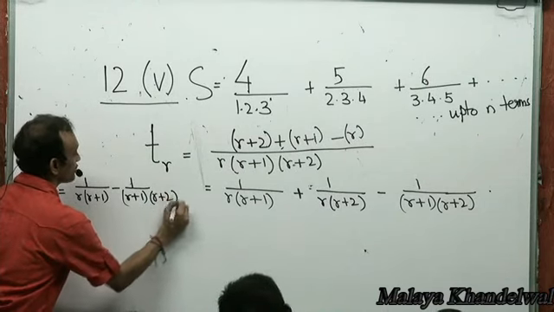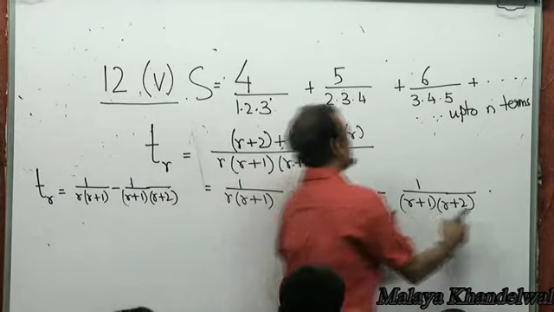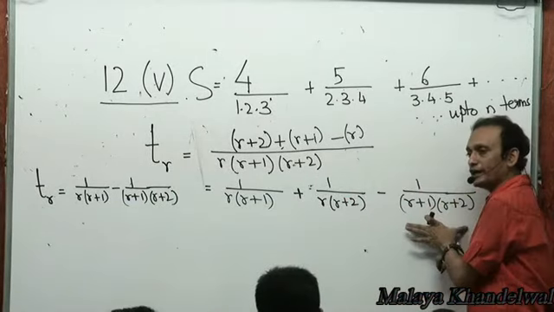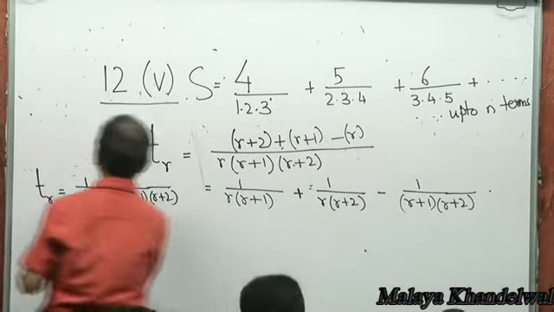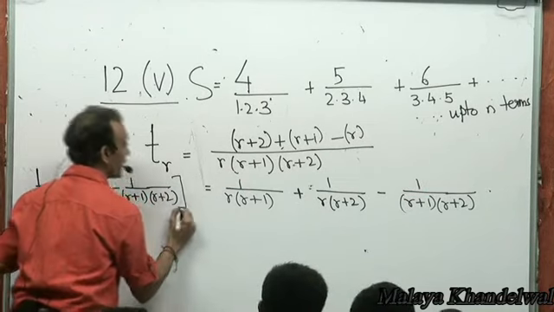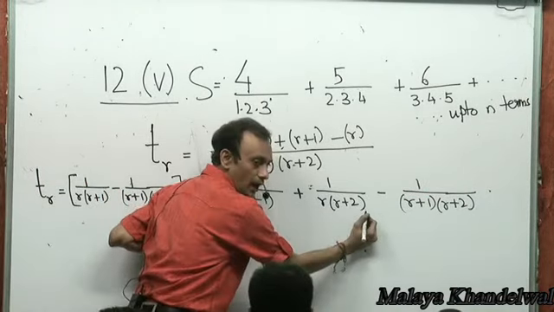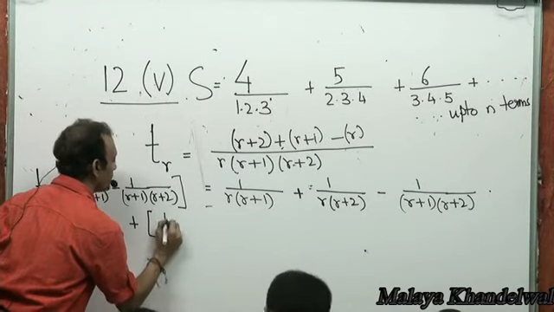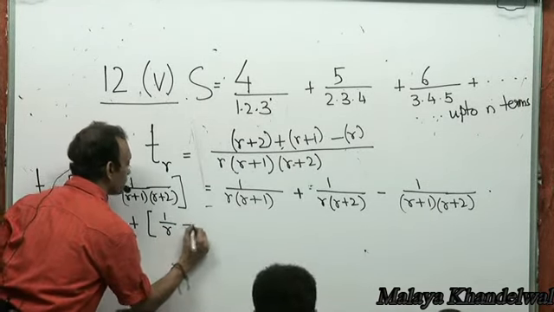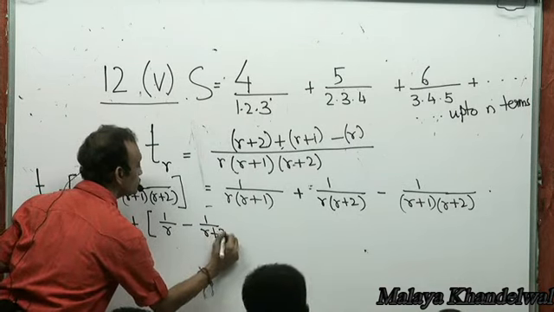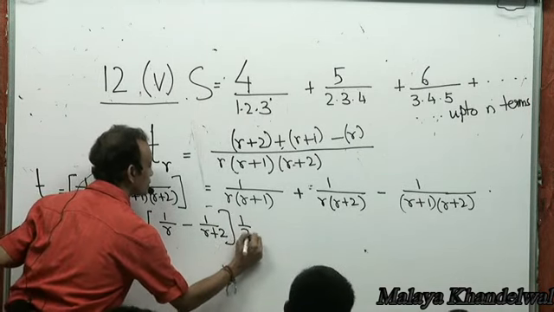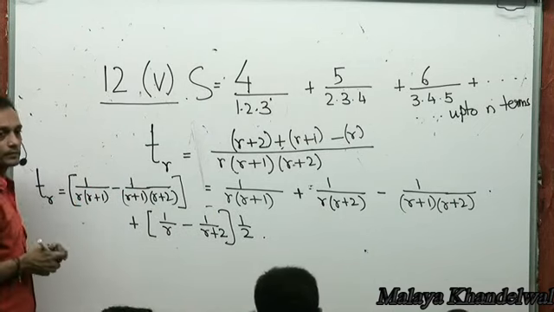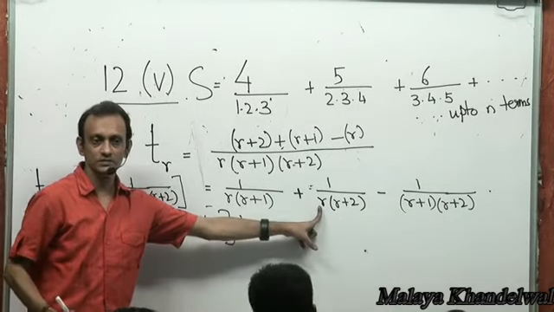For reasons not difficult to fathom, I combine these two, because if this is VR, this is VR plus 1, and this 1 by r plus 2 could be written as half of 1 by r minus 1 by r plus 2, isn't it?